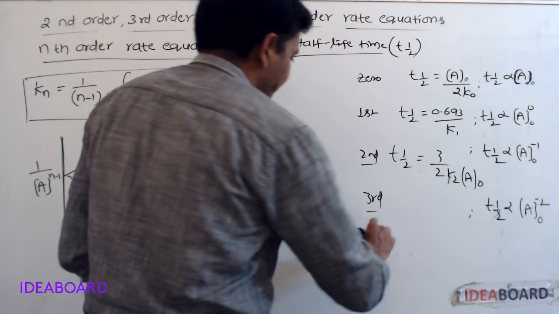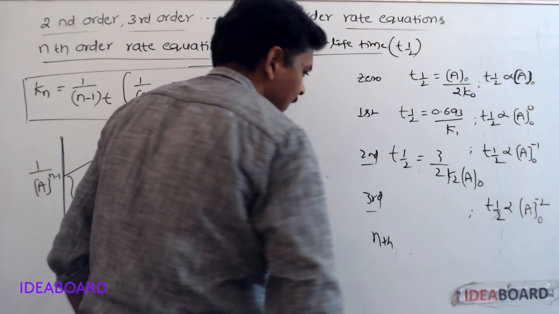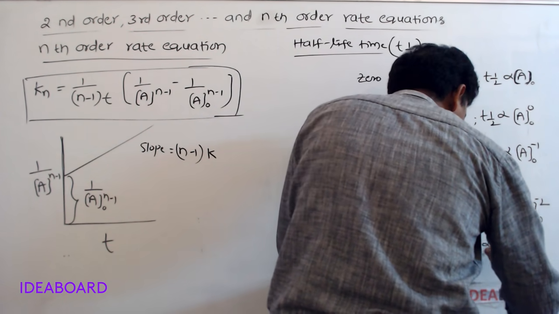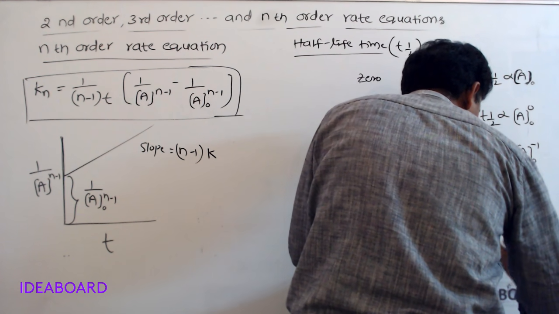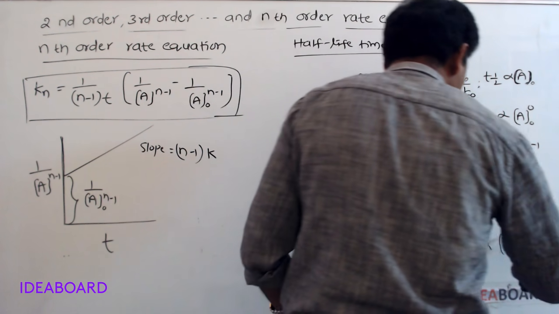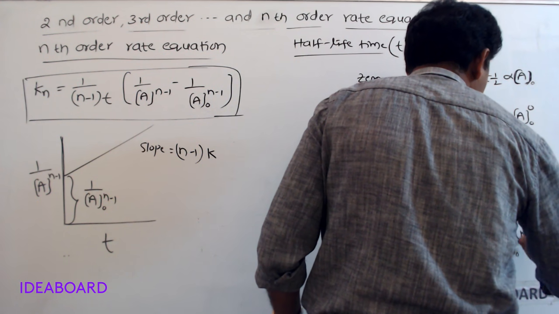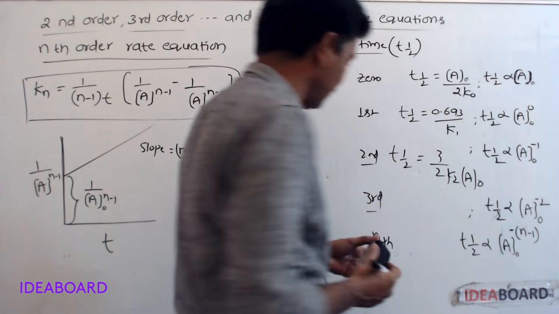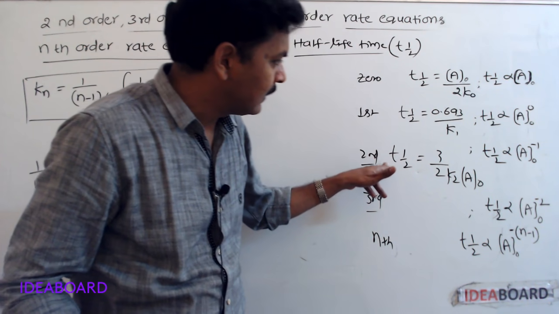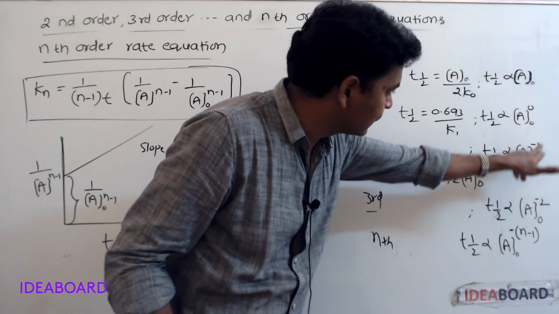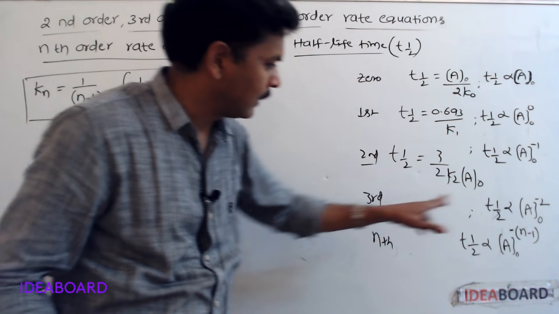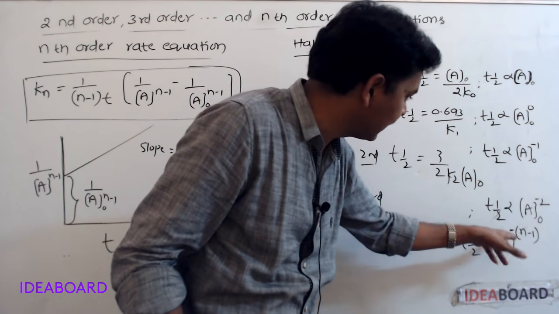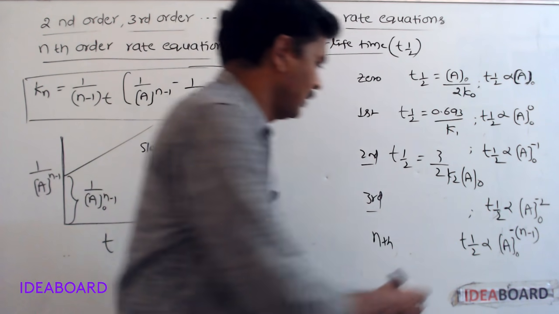Like that for nth order, we can write T half is directly proportional to A naught power minus (n minus 1). For second order, initial concentration power minus 1. For third order, power minus 2. For nth order, power minus (n minus 1).